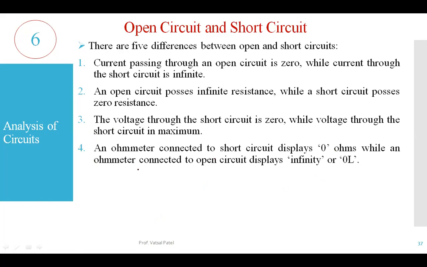In the short circuit case, the resistance is equal to 0, so the display will indicate 0 value. While when we connect the ohm meter across the open circuit, it will display infinite or 0L. That means it is indicating the infinite value.